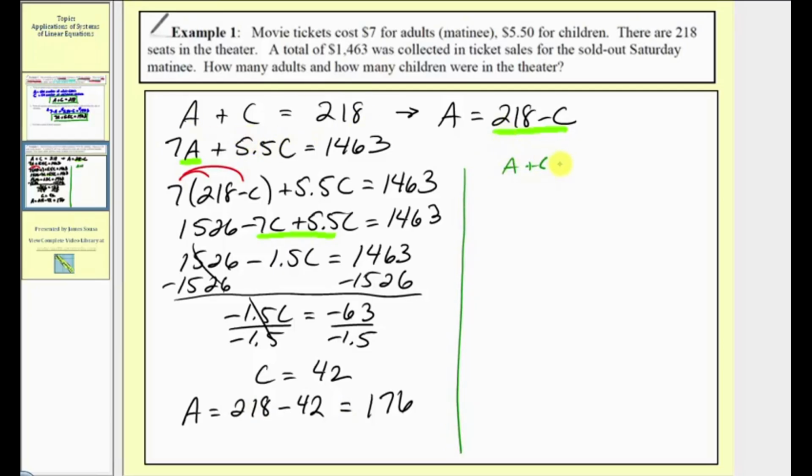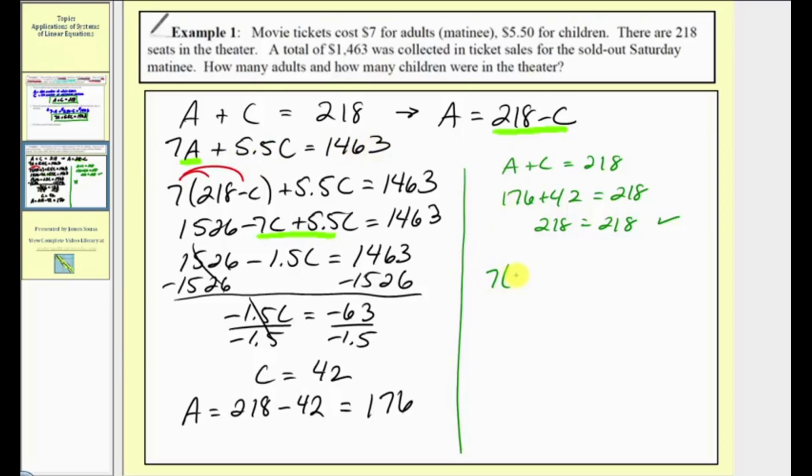So for a plus c equals 218, we would have 176 plus 42 equals 218, and this sum here is 218, so this checks. We also have to check the second equation, 7a plus 5.5c equals 1,463.